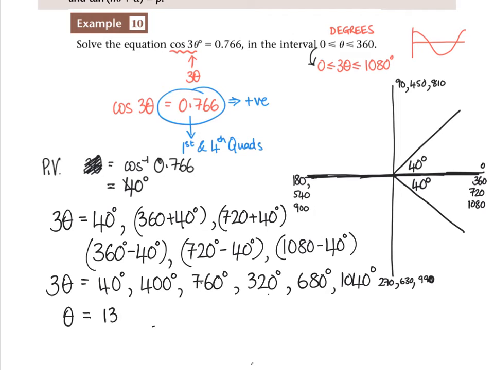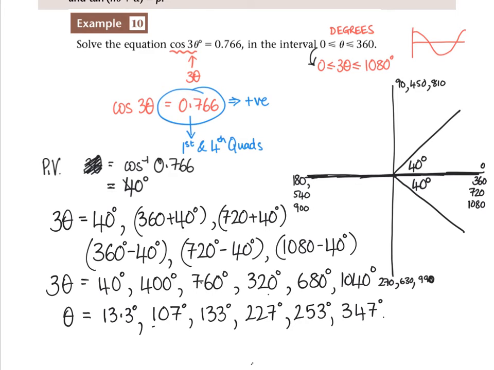So we're going to get 13.3 degrees, and then we'll take the 320 as the next one, so that's 107 degrees, and then 133 degrees, 227, 253, and the last one 347 degrees.